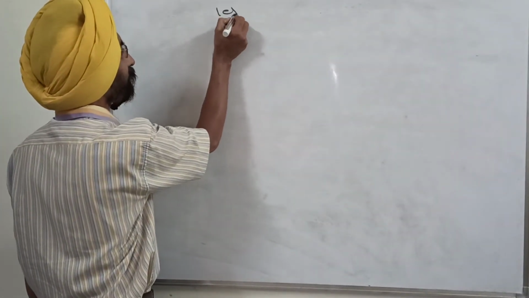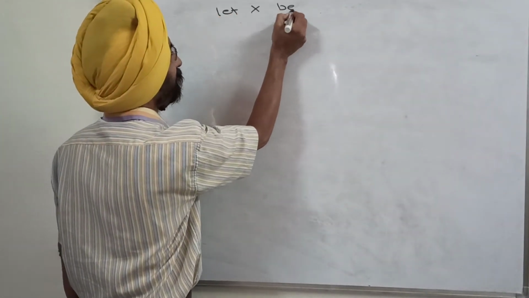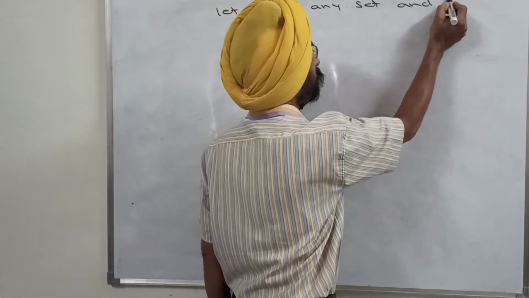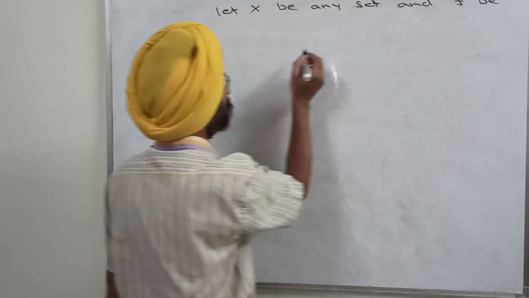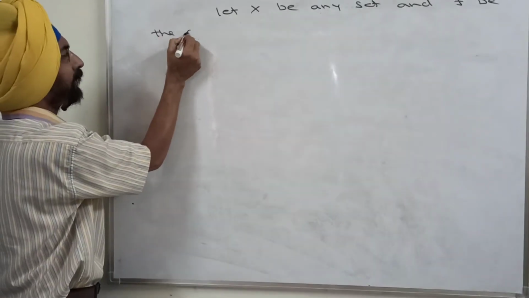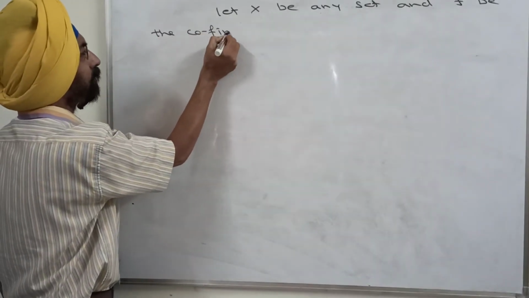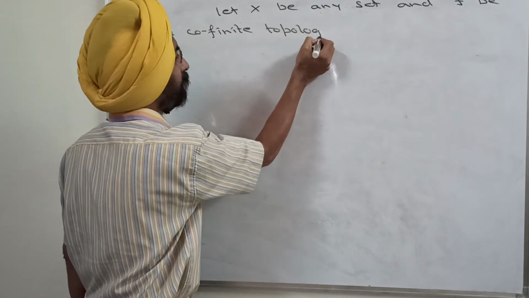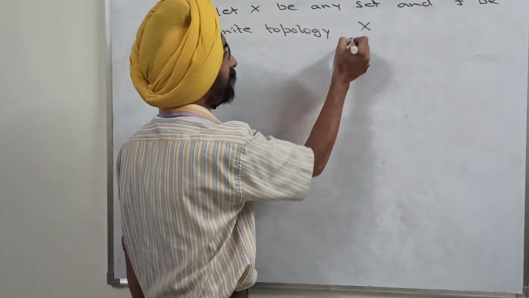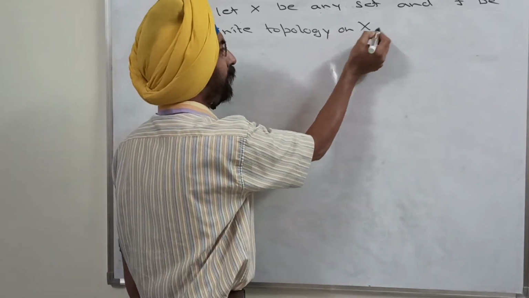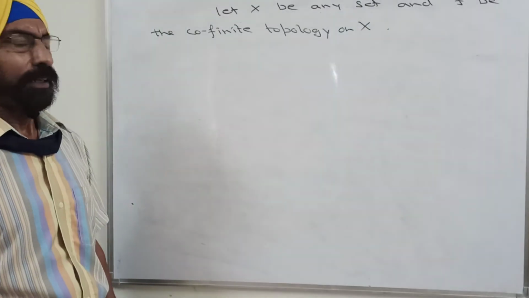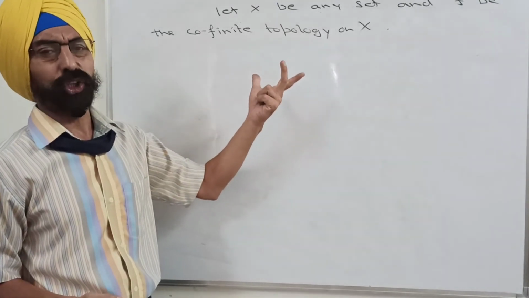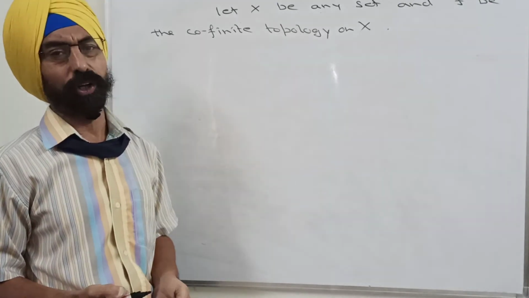Let X be any set and tau be the cofinite topology defined on X. Now we have to see whether this topological space (X, tau) is T1 or not.